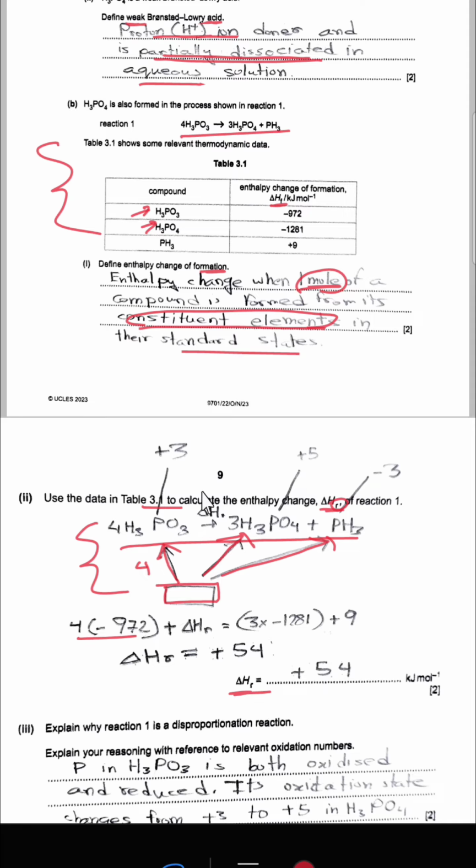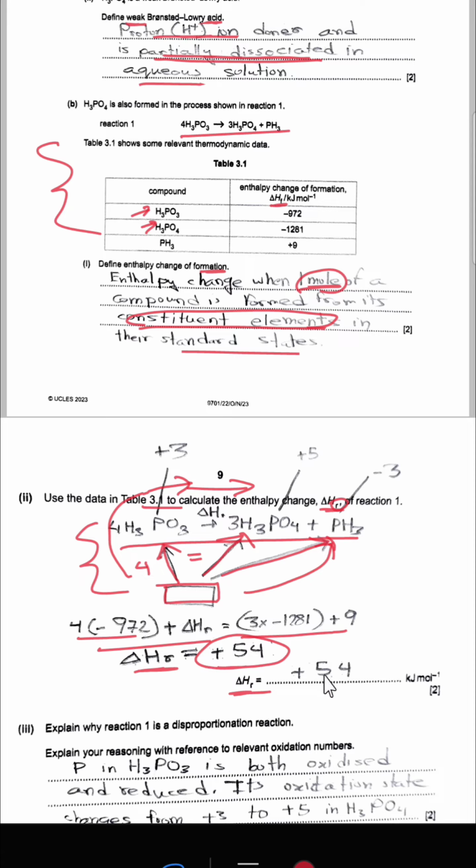And as it is enthalpy change of reaction, it goes from the reactants to the product side. Then we add the values that are in the same direction and equate them to the values in the opposite direction. So these two arrows are in the same direction, so we add these two values, equal to the arrow in the opposite direction, and find our answer, the enthalpy change of reaction, that is plus 54.